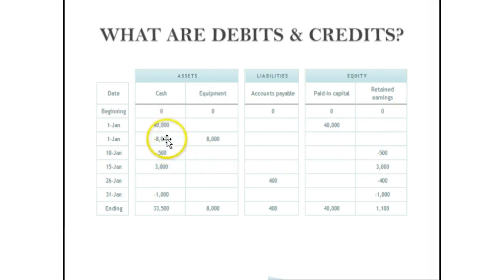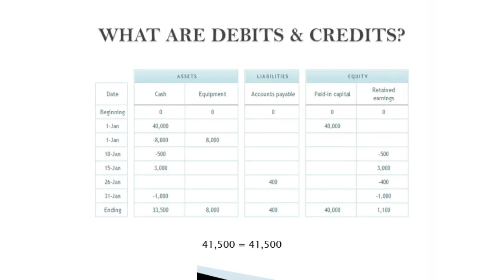If we're going to credit cash or take money out of the bank account to purchase equipment to put into our business, technically it is 0 on the left side of the equation and 0 on the right side of the equation.